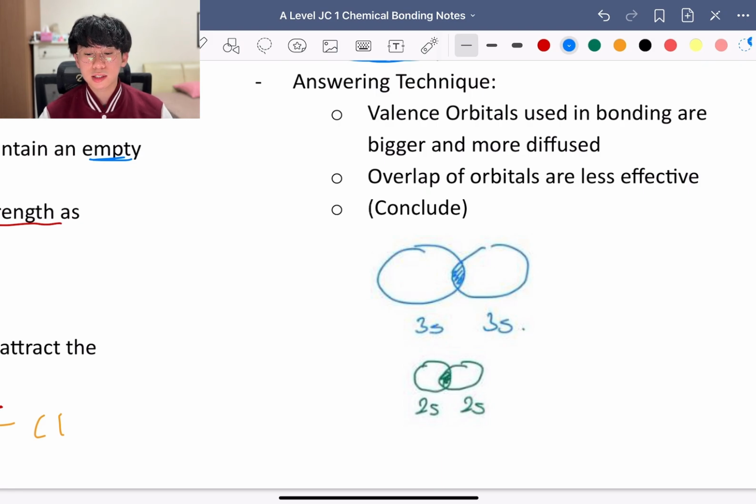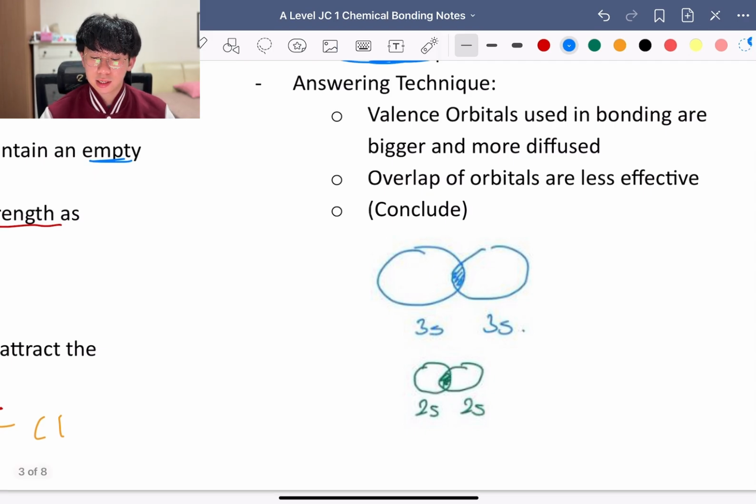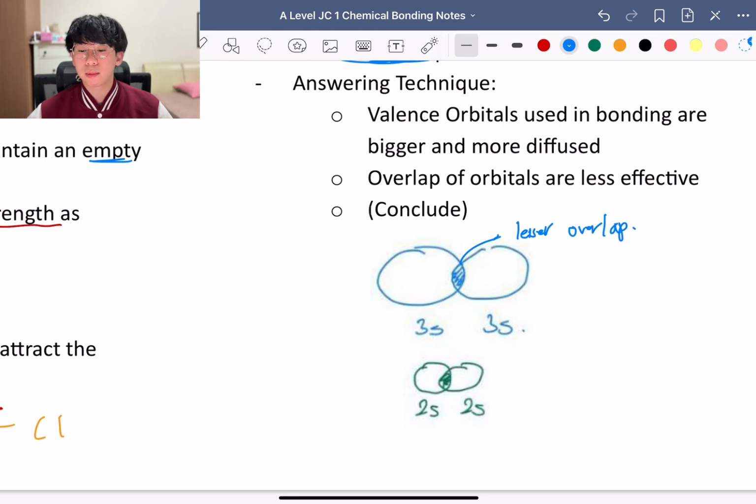While it does look like this area of overlap is about the same, overall you can think of it as a percentage. This has less overlap, but we don't really call it less overlap, we call it less effective overlap compared to 2s over here. So you can think of it kind of like the percentage.